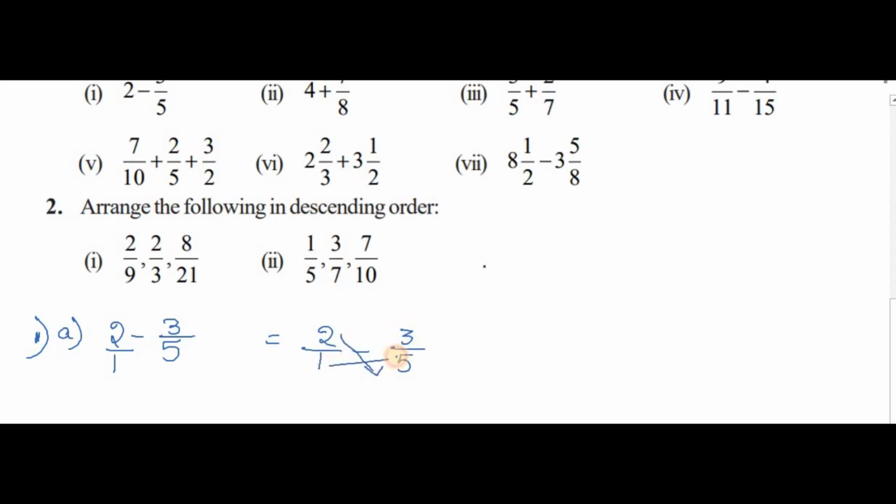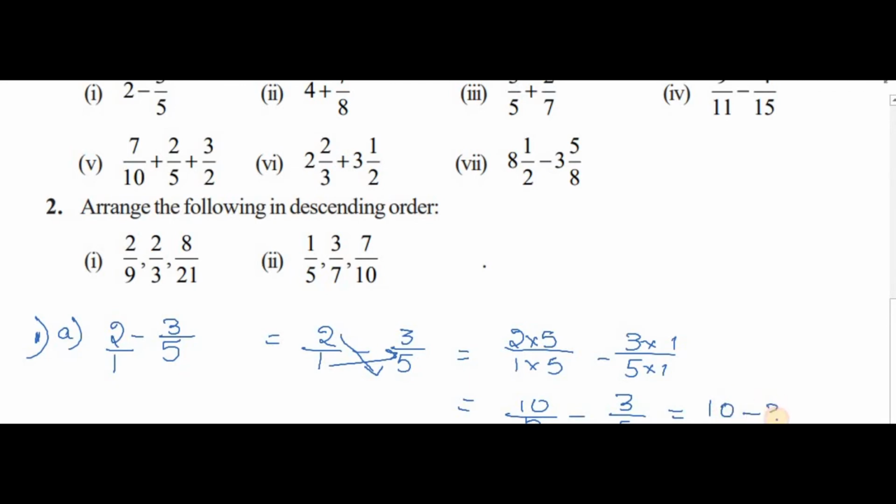So when we have only two fractions, then we can go for cross multiplication if the denominators are not multiples of each other. So 2 into 5 by 1 into 5 minus 3 into 1 by 5 into 1. 2 fives are 10 by 1 five is 5, minus 3 ones are 3 by 5 ones are 5.